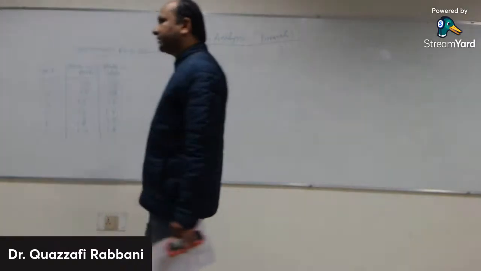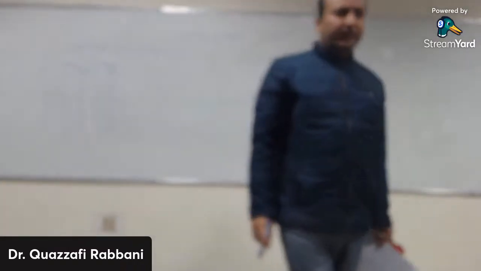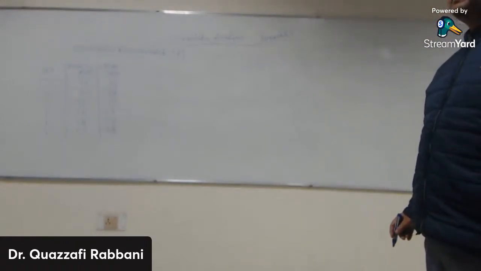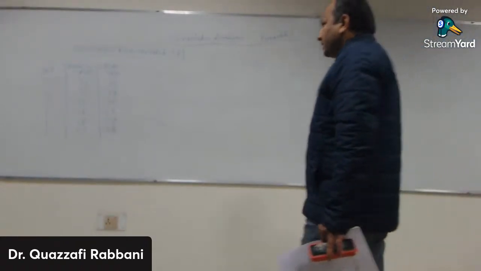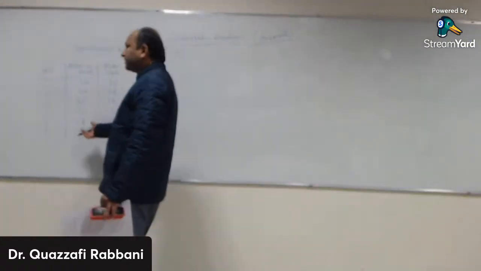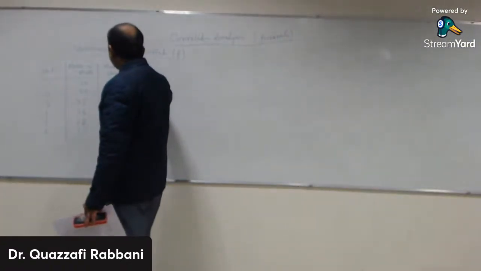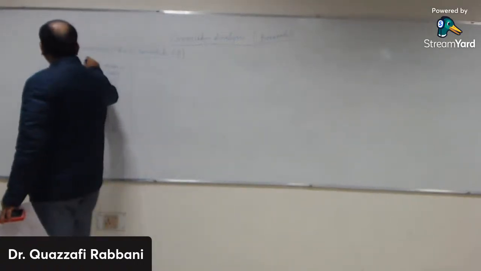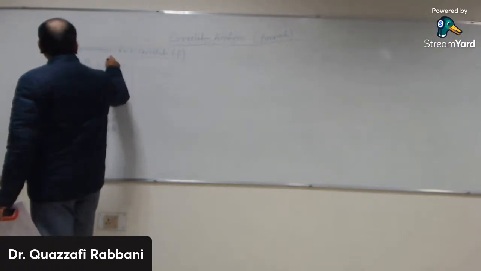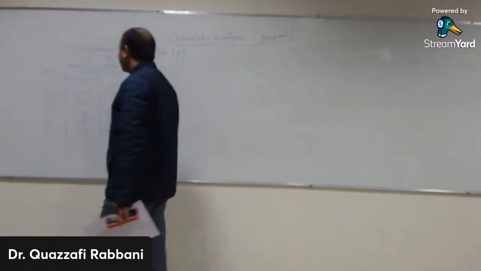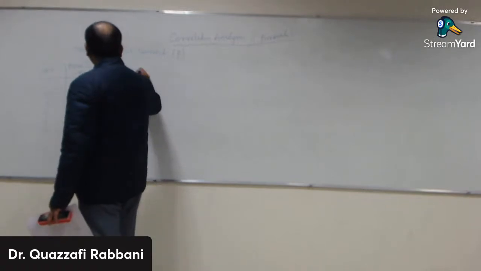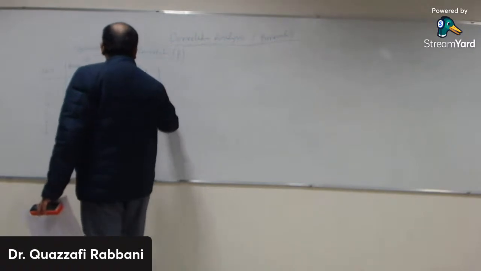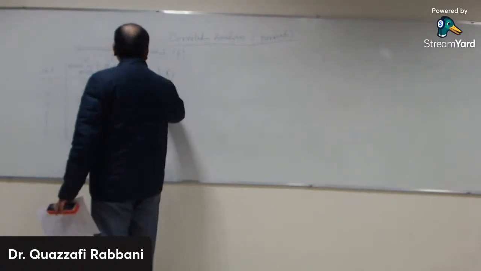Suppose these are the marks, and we want to find the rank correlation. So these are marks, not ranks. First we convert the marks into ranks. Suppose the marks in mathematics are denoted by x and the marks in statistics by y. So here we convert these marks into rank of x and rank of y.